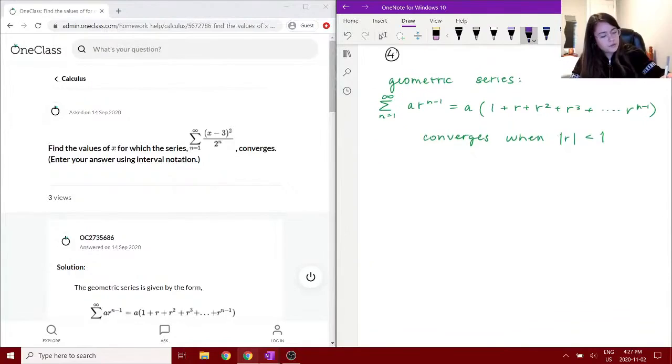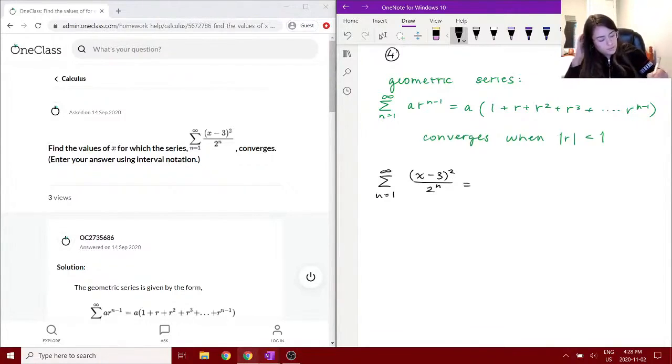So what I'm going to do here is try to write out the given series so that it looks similar to this geometric series, so we can confirm if it converges like the geometric series does. So this is the series that we are given in the question, and we can start to write out the sum.